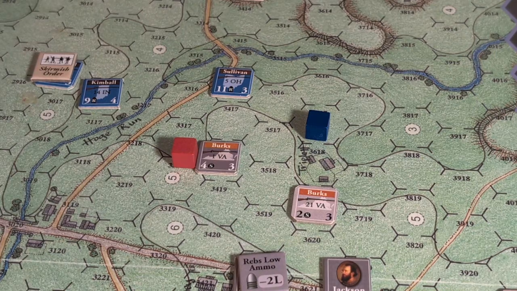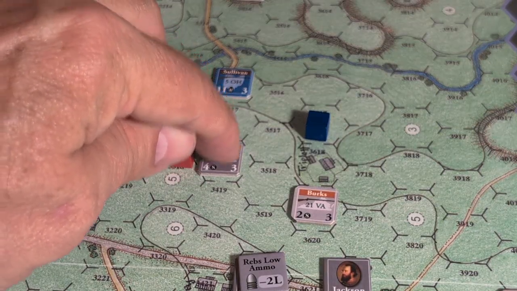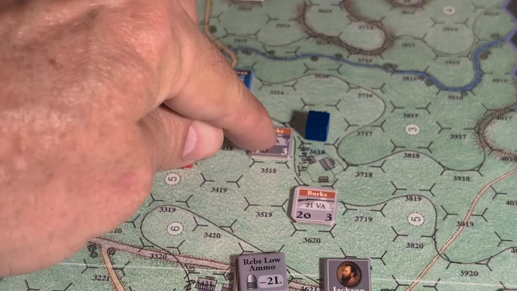That's 4 victory points for the Confederates. And that unit moves in there.